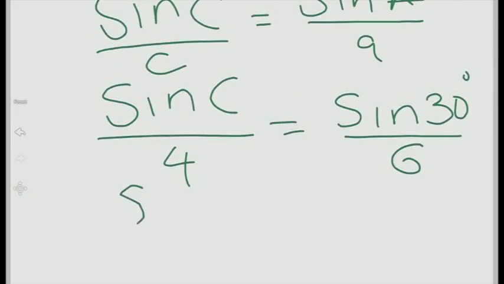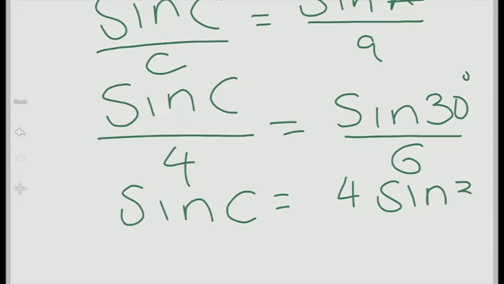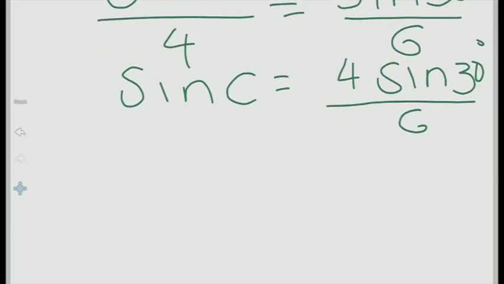So sine C equals 4 sine 30 degrees over 6. This is the sine of C, not angle C. So make sure your calculator is always on degree mode when you are calculating the angles.